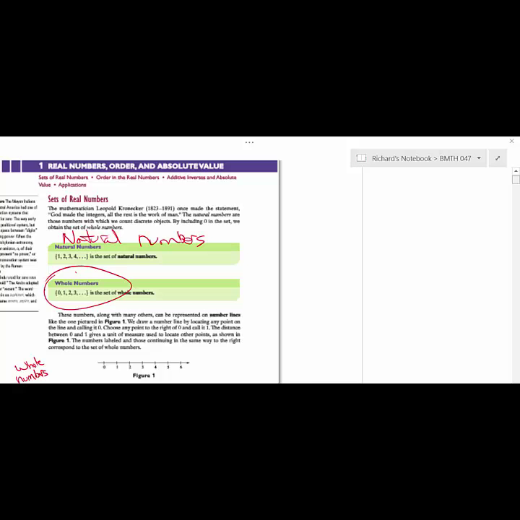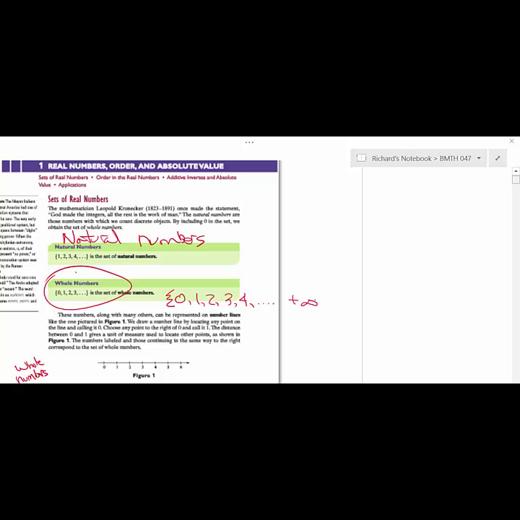Now, the natural numbers and the whole numbers keep on going up, all the way to infinity. So, for example, with the whole numbers, let's continue with 0, 1, 2, 3, 4, dot, dot, dot, all the way up to positive infinity.